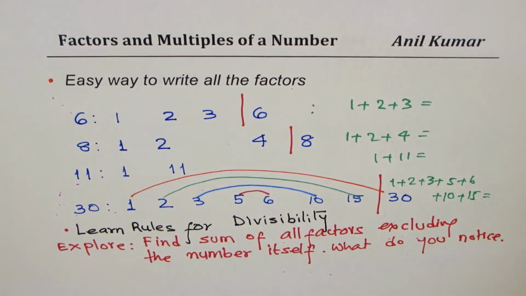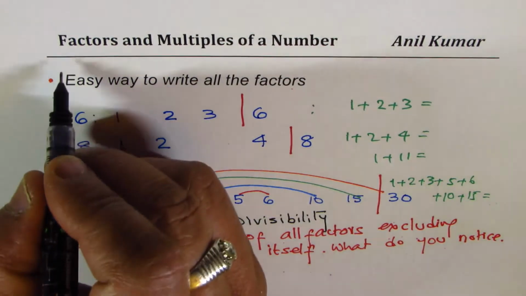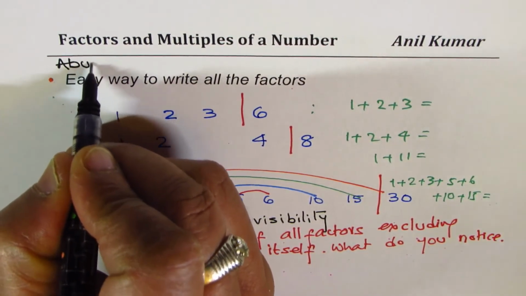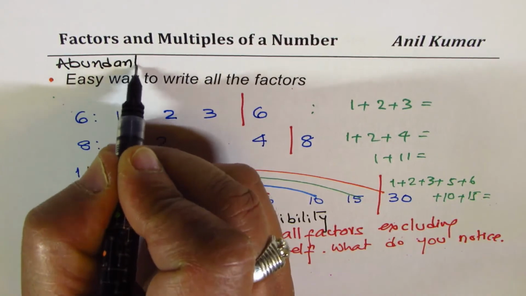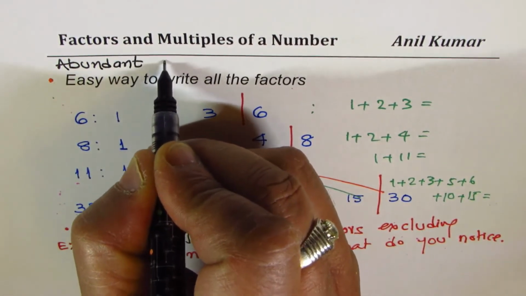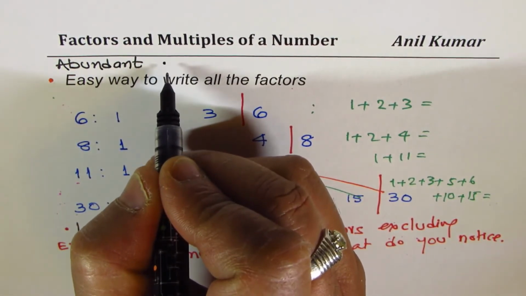Now, these additions will give you some interesting results. And from these results, we come up with 3 more terms which will be of your interest. These terms are abundant, one term, right? The second term is deficient.